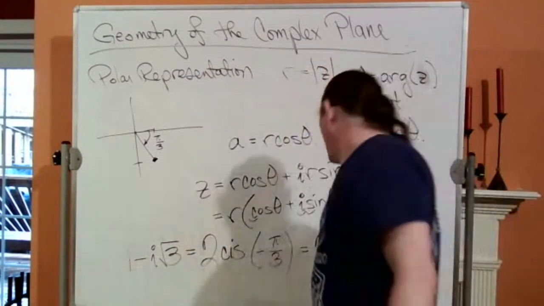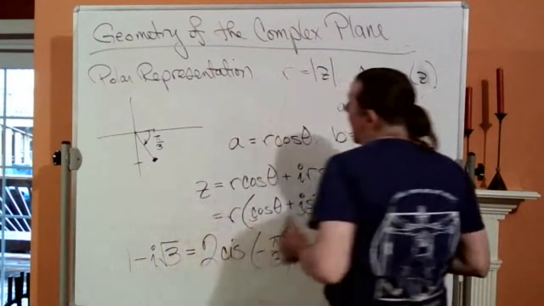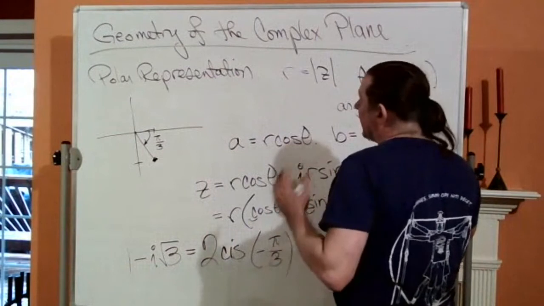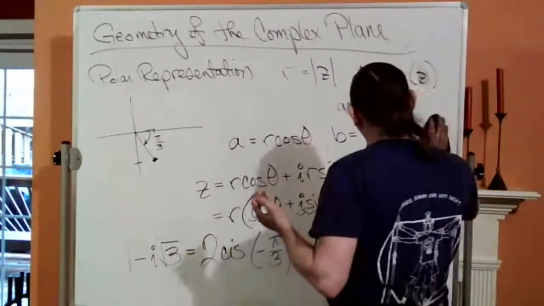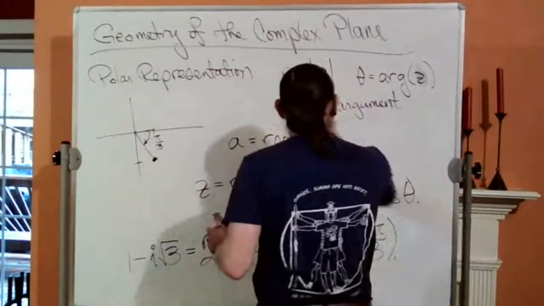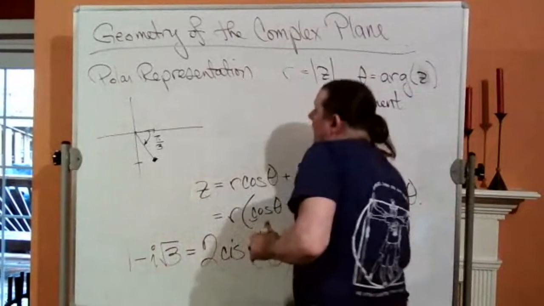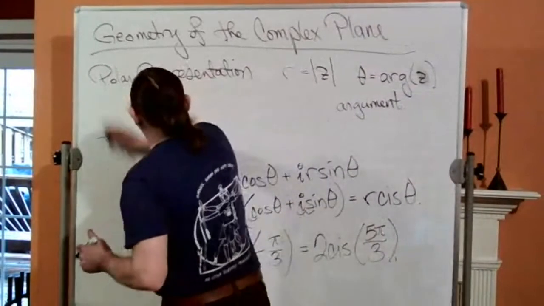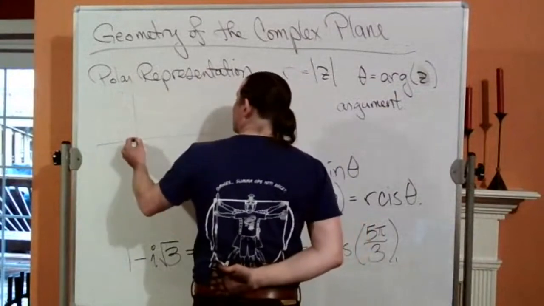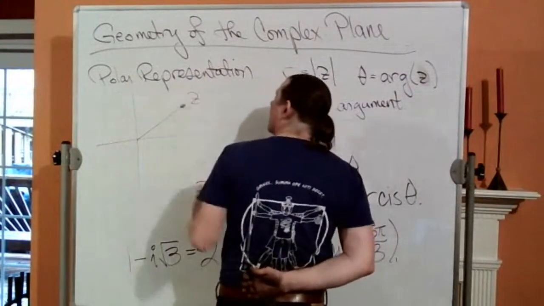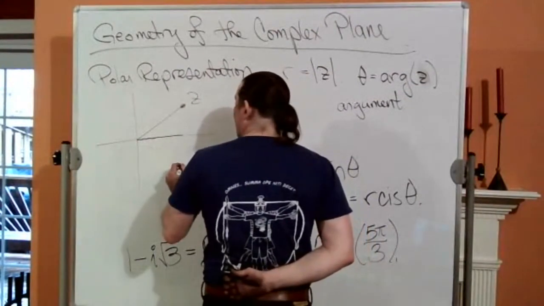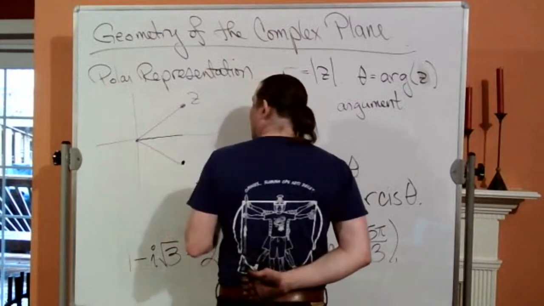One other important thing for us to recognize about polar coordinates is what happens when we take a complex conjugate. If this is z, the complex conjugate of z has the same real part, but the imaginary part is negated.